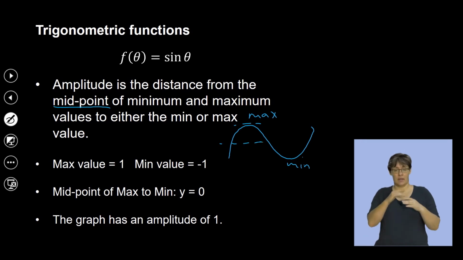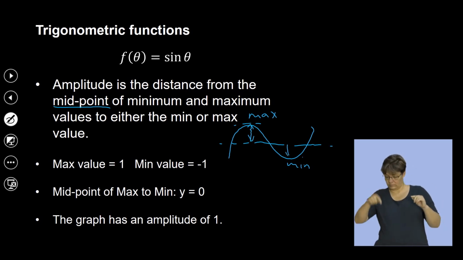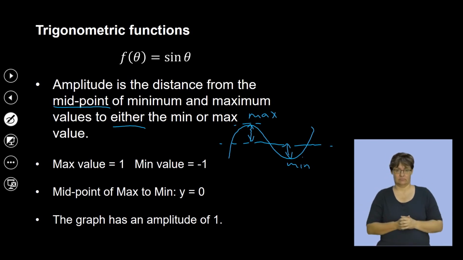The midpoint of this is going to be slightly there. So I'm saying the amplitude is the distance from this point, either from there to the maximum value or from there to the minimum value. It will be the same distance, right? So that's why I'm saying from either one side of the minimum or the maximum.